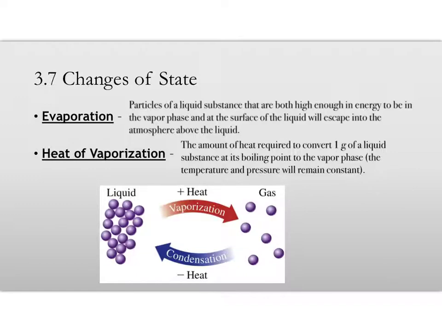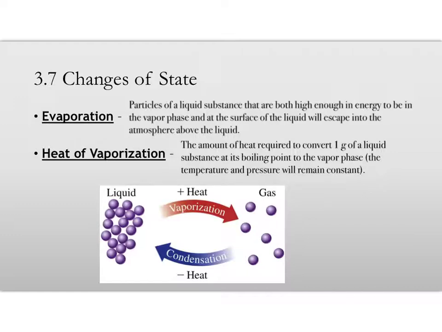Evaporation occurs to a liquid substance when two conditions are met. The system that it is in is open, and the particles in that substance that's a liquid have enough energy to evaporate and be in the gas phase.